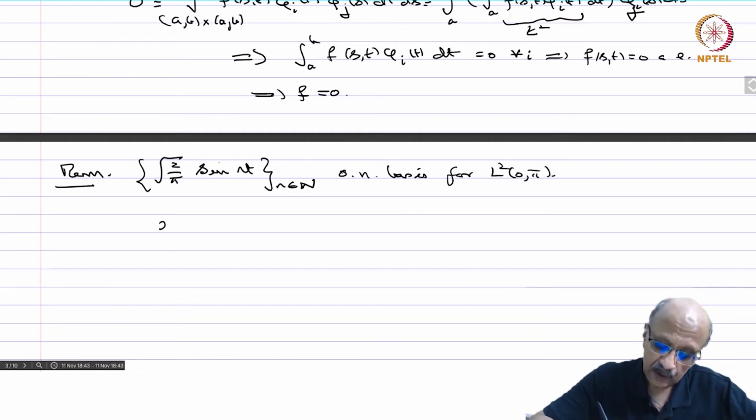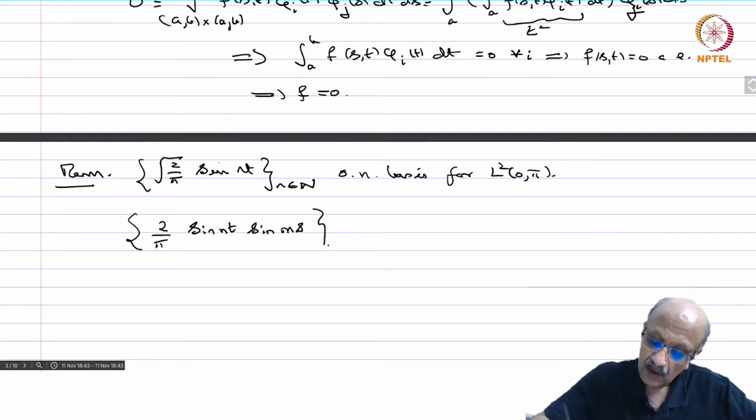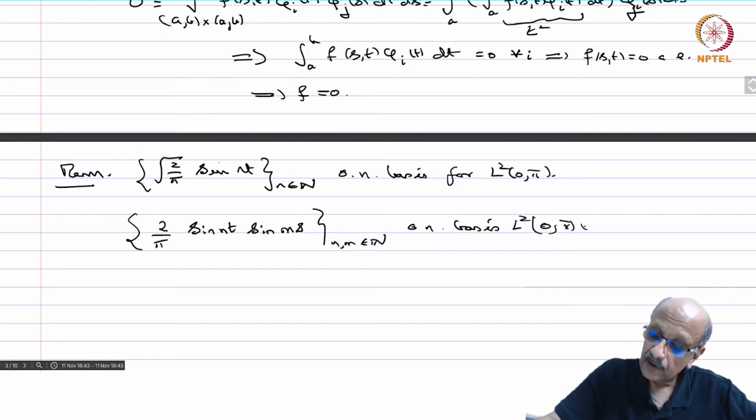So we have that 2 by pi sin nt sin ms, n, m in N, is an orthonormal basis for L2 of 0 pi cross 0 pi.